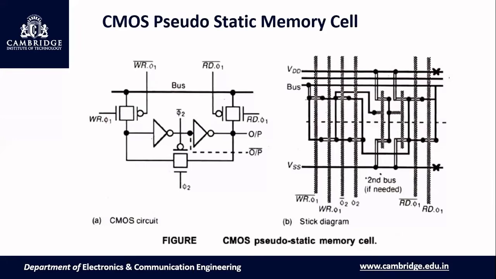The working you can easily analyze. The operation of the CMOS pseudostatic memory cell is the same as that of the NMOS pseudostatic memory cell. Here we can perform three operations: write operation, refresh operation, and read operation. I'll briefly explain how you can perform a write operation first.